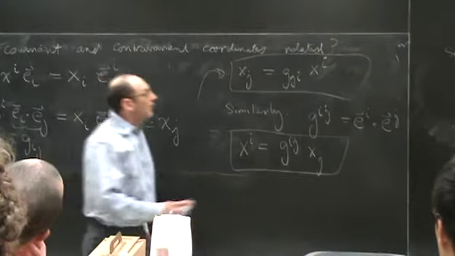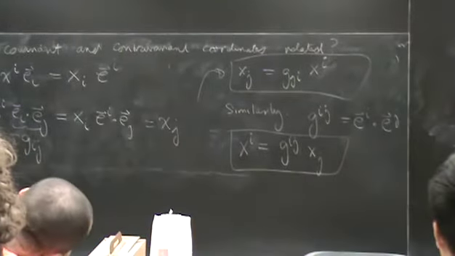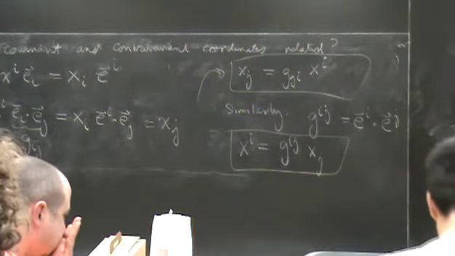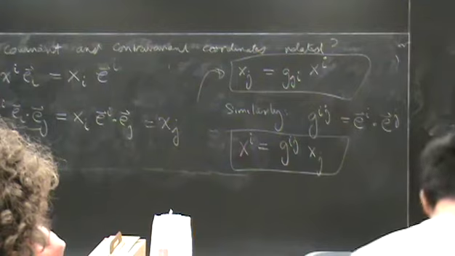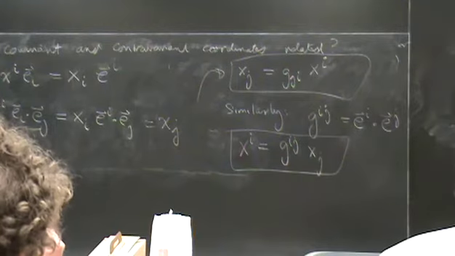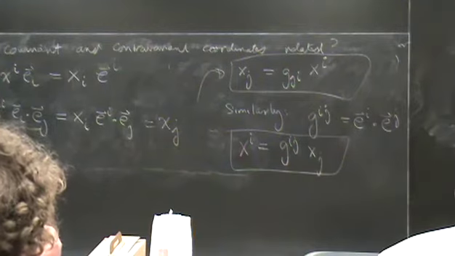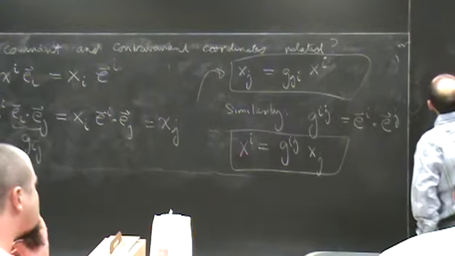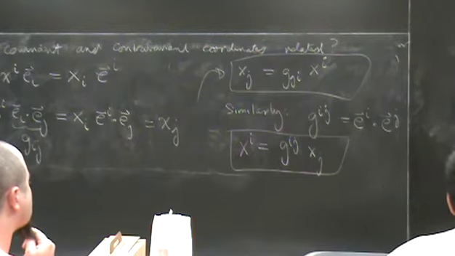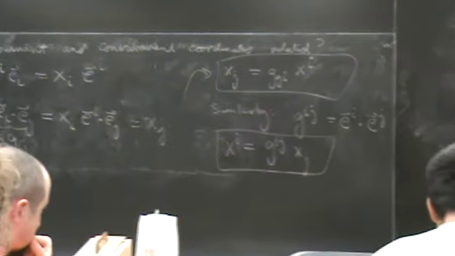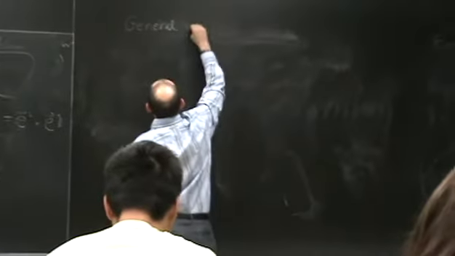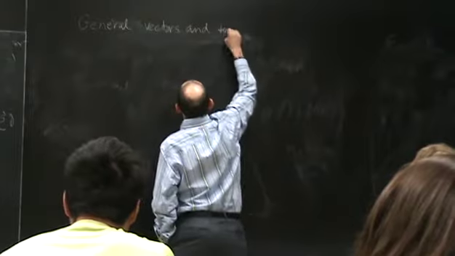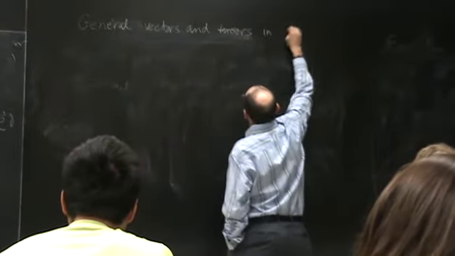All right, so a few more things for today's lecture. For next lecture, we'll apply this to electricity and magnetism. So generally, we've defined this in terms of position in a space, but we could talk about general vectors and tensors in a non-Euclidean space.